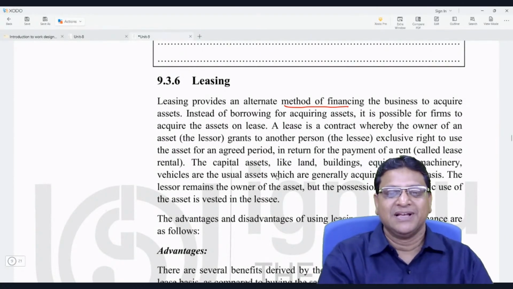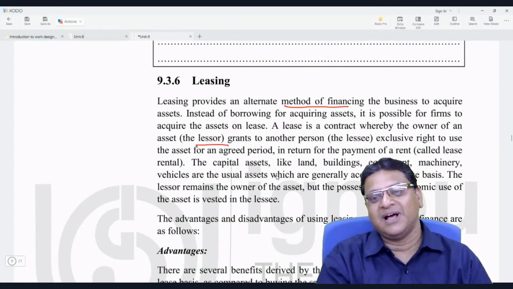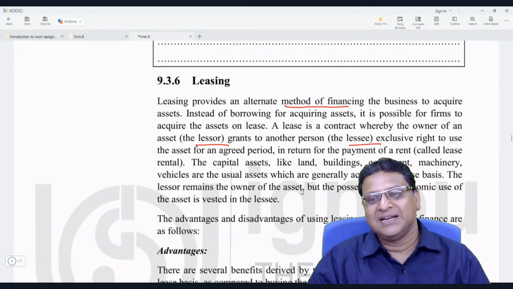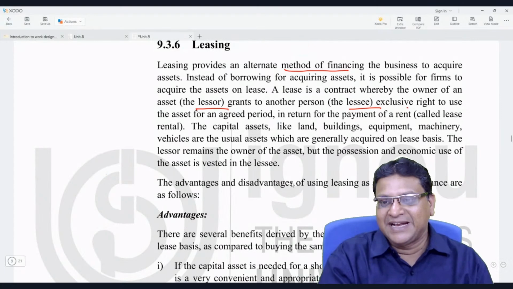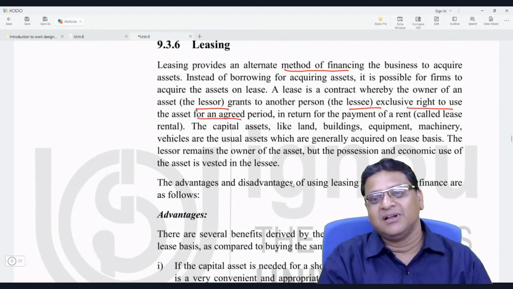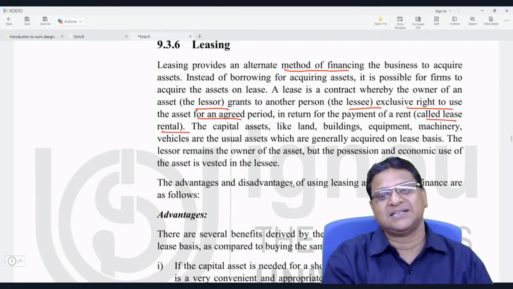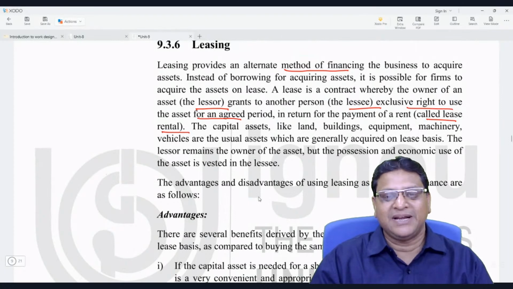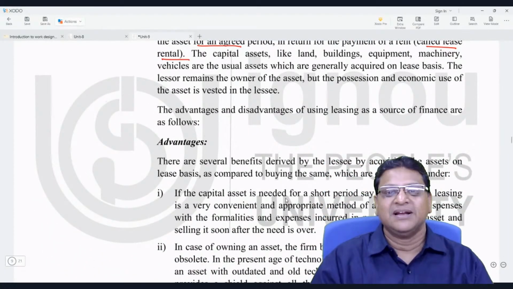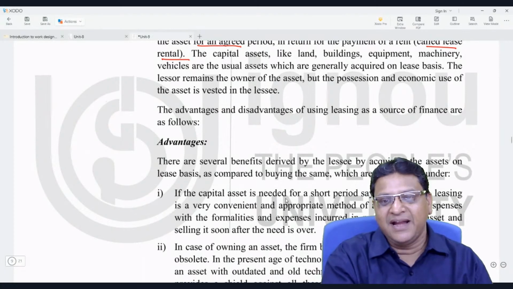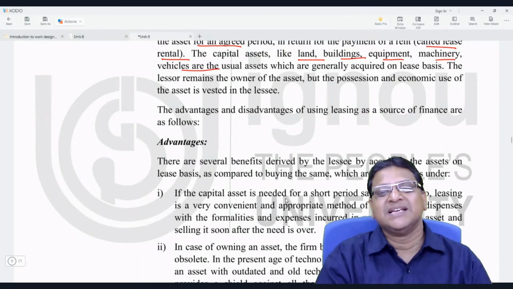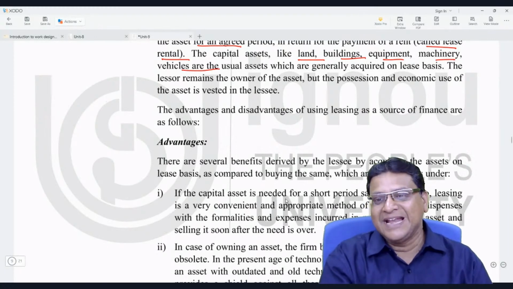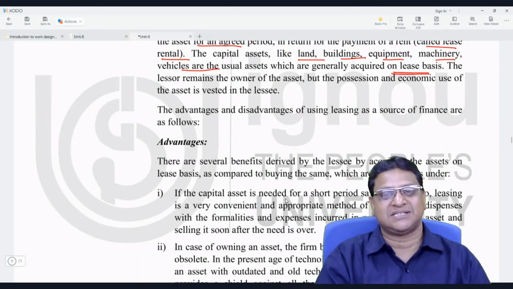So in a lease agreement, there are two parties. One is lessor, another is lessee. The lessee takes the exclusive right to use the asset for an agreed period from the lessor in form of lease rents. So with the help of lease, you can acquire different capital assets like land, building, equipment, machinery, vehicles required for establishing the business on rent basis or on lease basis.